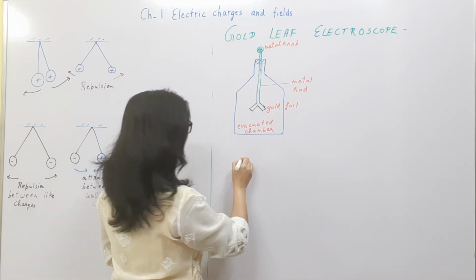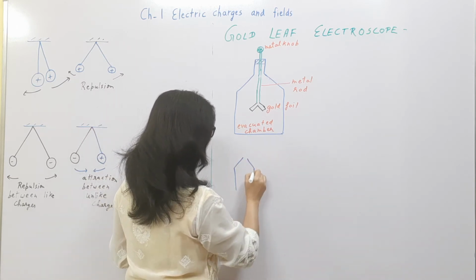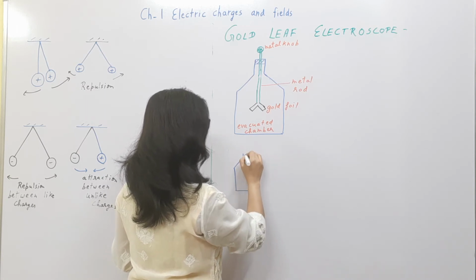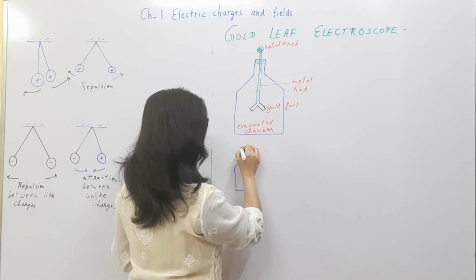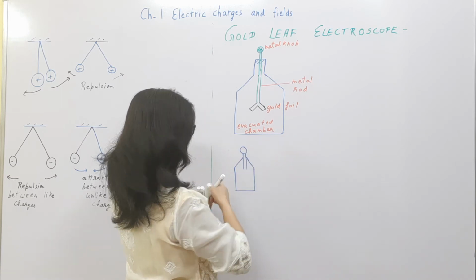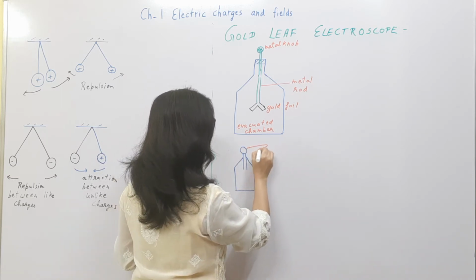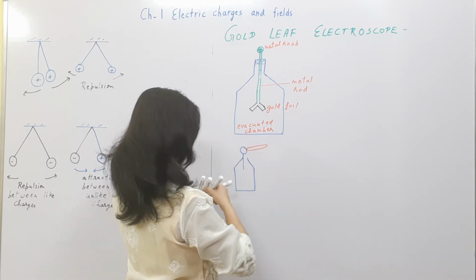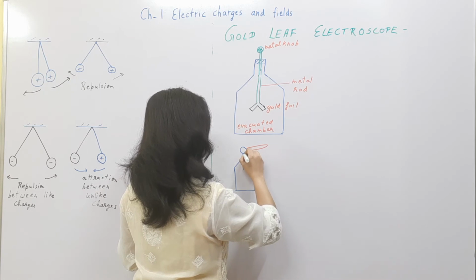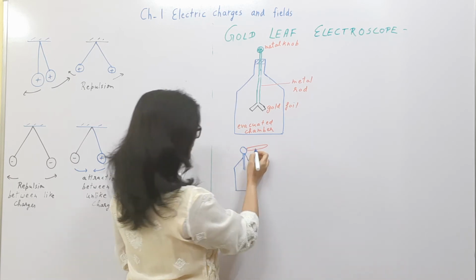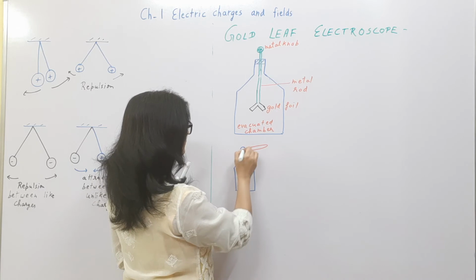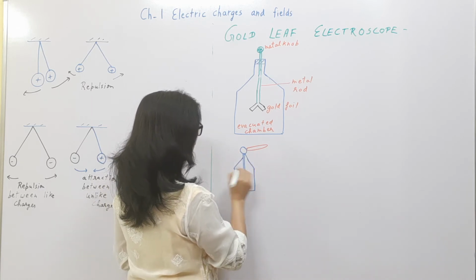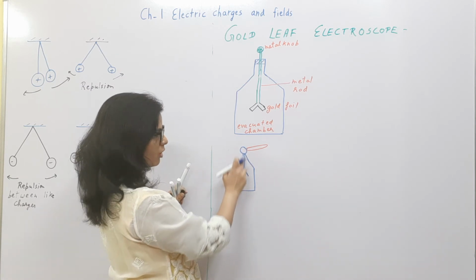So how it works, see, if we have this gold leaf electroscope and we bring any rod in contact with this, then this charge is transferred to the gold leaf through this metal knob.